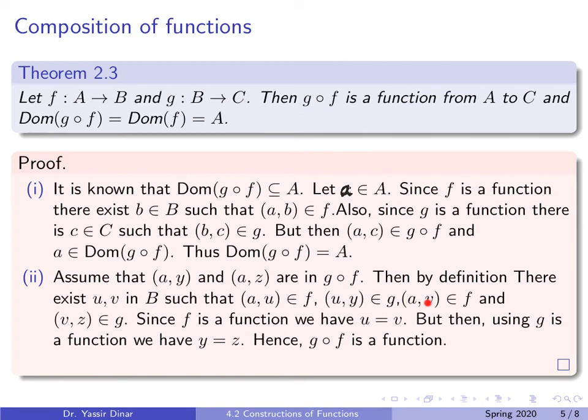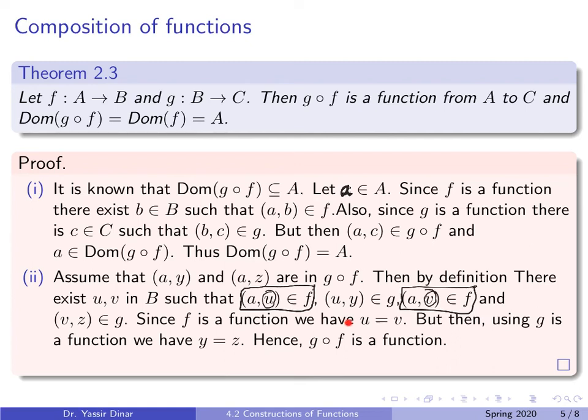And also (a, v) is in f and (v, z) is in g, because this will give me (a, z) in g circle f. Now (a, u) is in f and (a, v) is in f, and we know that f is a function. That means this u has to be equal to v.